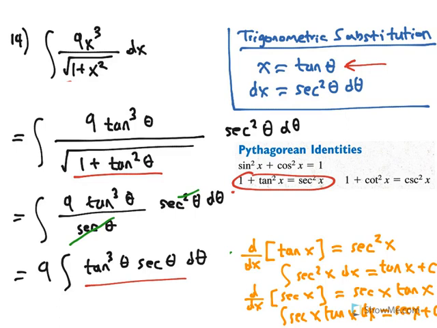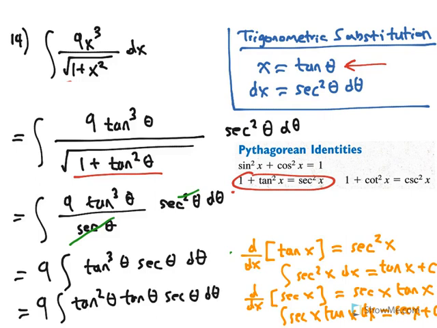You'll have a better idea of how to go from what you have to finding an antiderivative. In this particular problem, we're going to begin by writing tangent cubed as tangent squared theta times tangent theta, and then we have secant theta d theta.